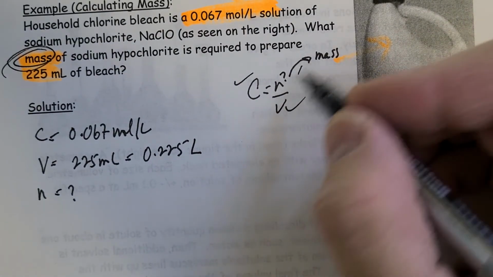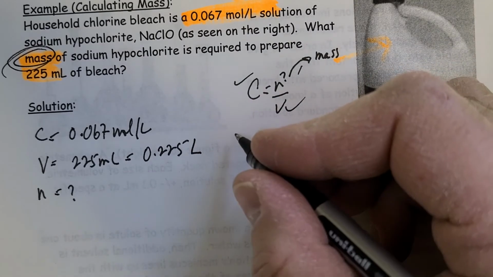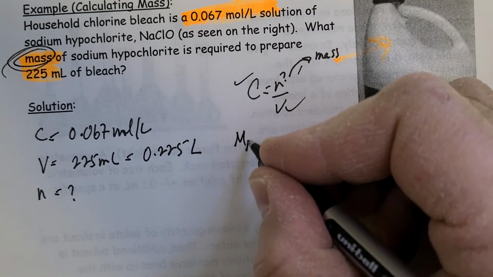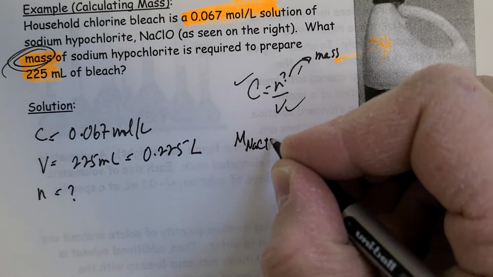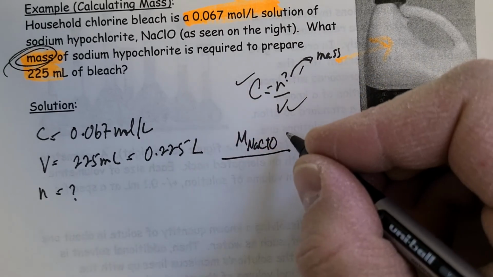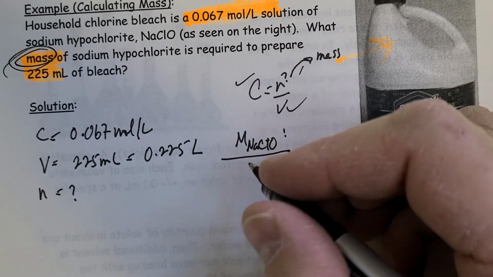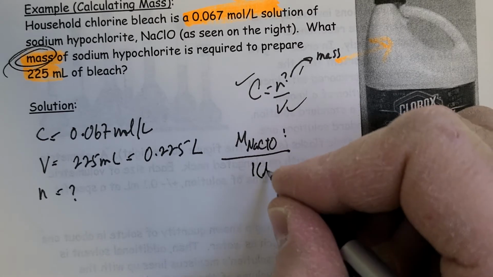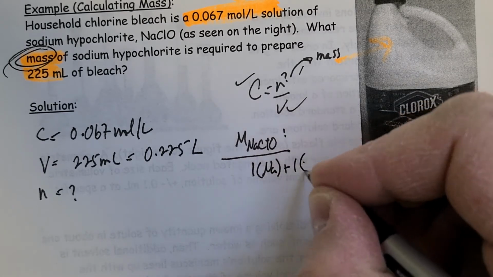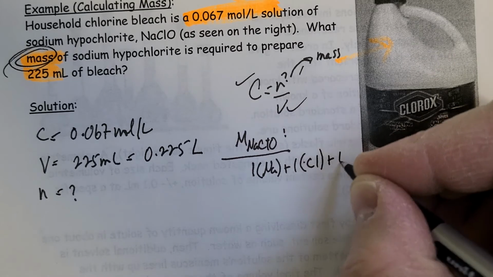And of course to go from moles to mass or vice versa, you know darn well we're going to have to figure out the molar mass of sodium hypochlorite. So for every 1 mole of this, I have 1 mole of Na, 1 mole of Cl, 1 mole of oxygen.